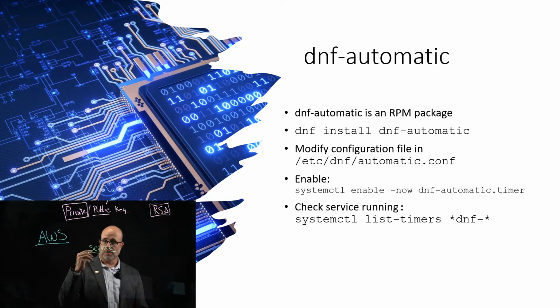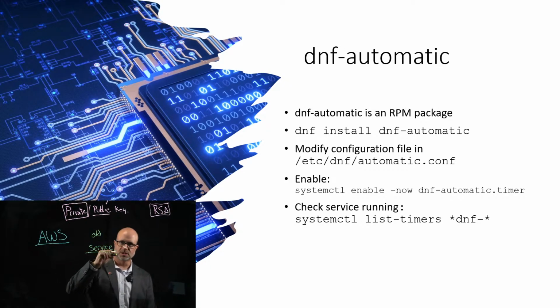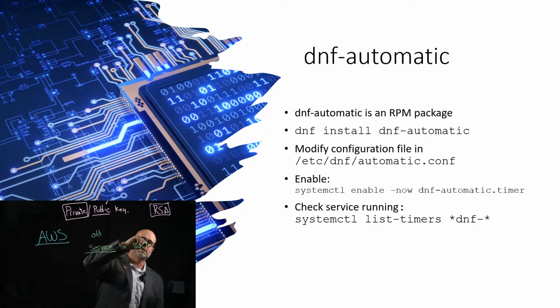But in RHEL, we use something called systemd in RHEL 7, 8, and CentOS 7, 8, and 9. So service is the old way of doing things, and some distros still use it, and it's actually just scripts. The new stuff is systemd or systemctl.